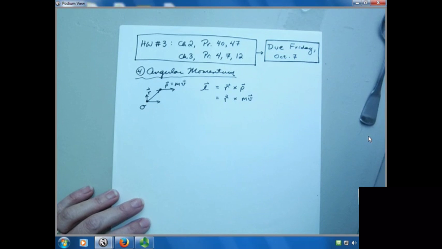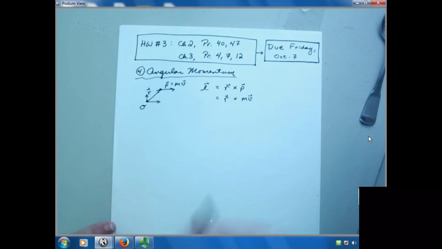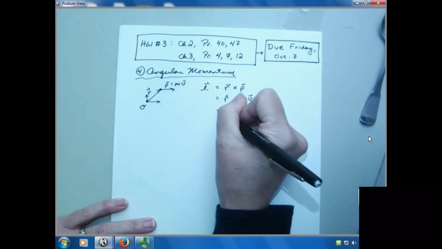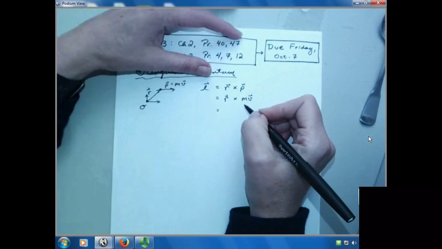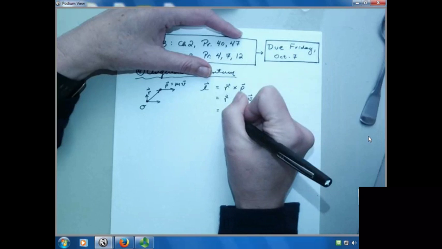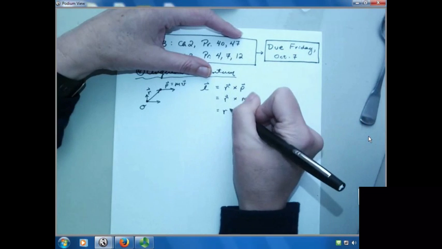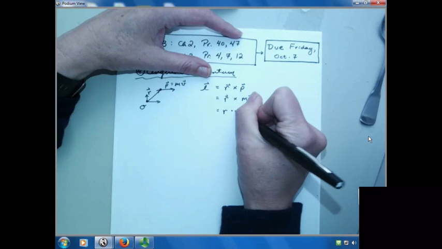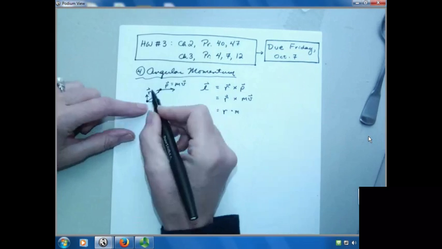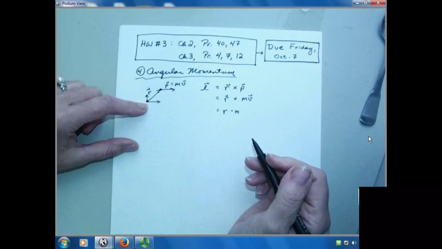I could even do a little more with that: r cross m v, where v is related to some sort of omega.